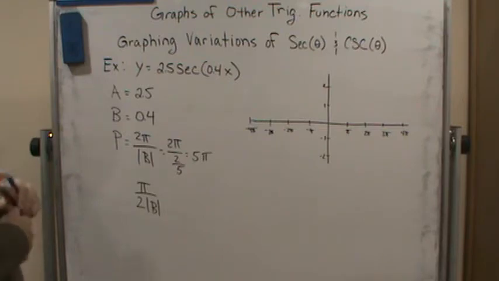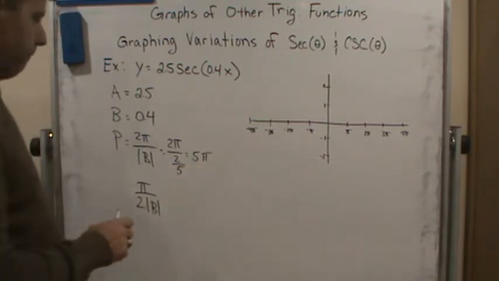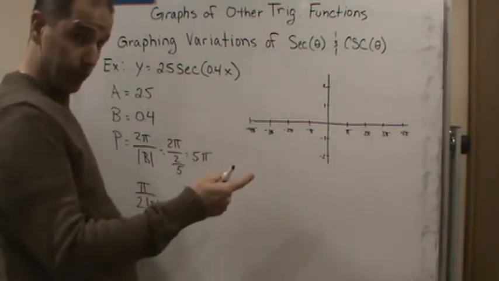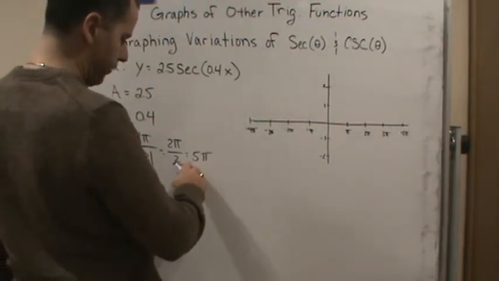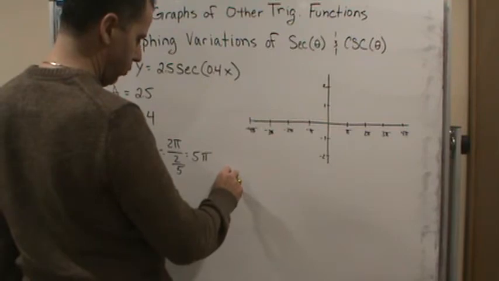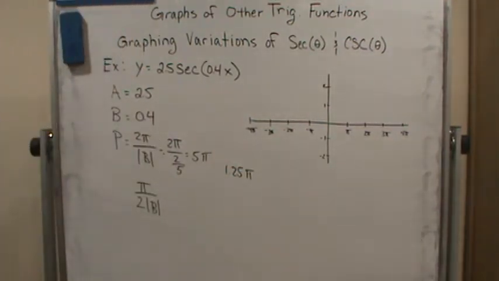So think about this. If we divide the period by 4, in quarters, then we know that 1/4 is going to be what? 1.25 pi.